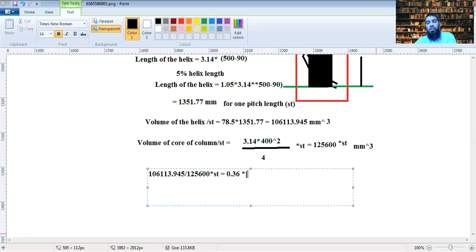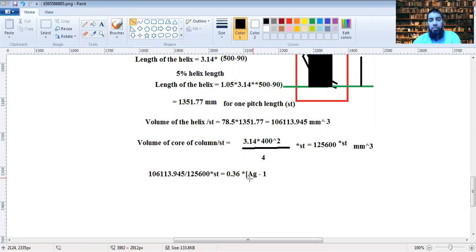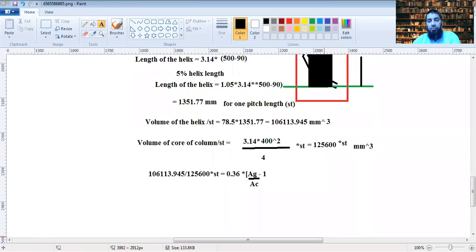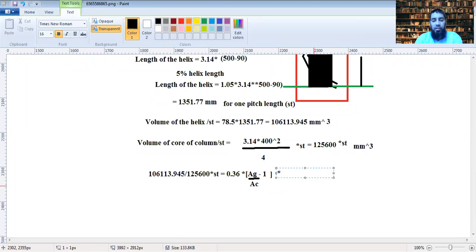Now what is Ag? Ag is the cross section of the column, divided by Ac minus 1. There is a divide here by Ac. This is Ac into fck by fy.